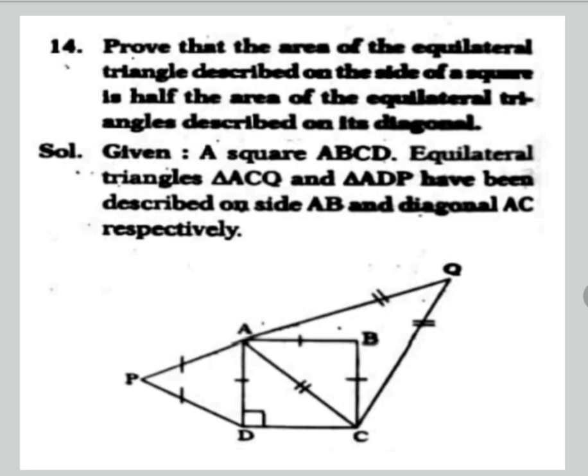Prove that the area of the equilateral triangle described on the side of a square is half of the area of the equilateral triangle described on its diagonal.